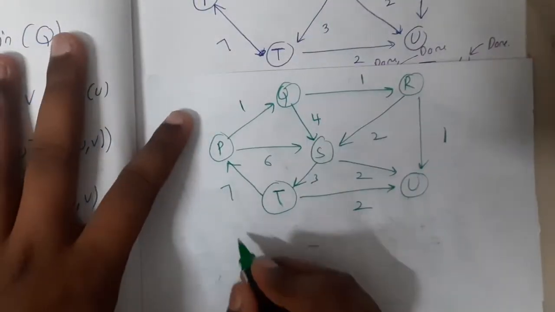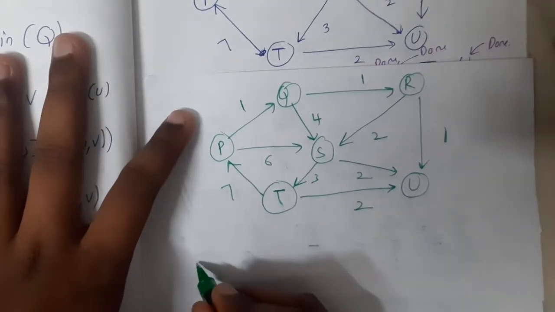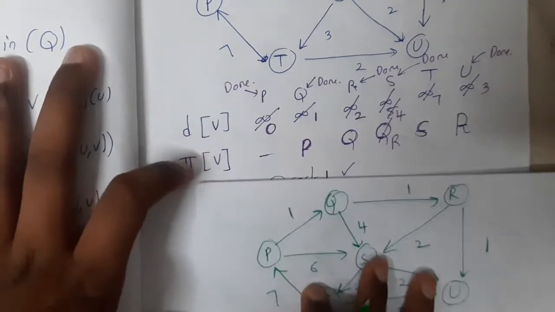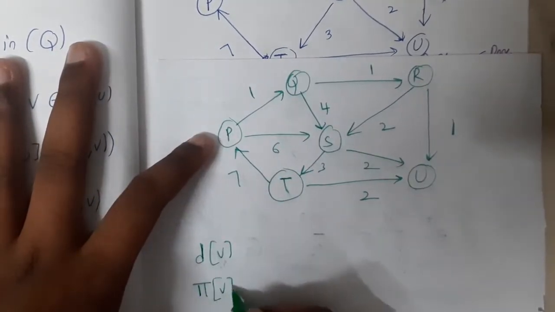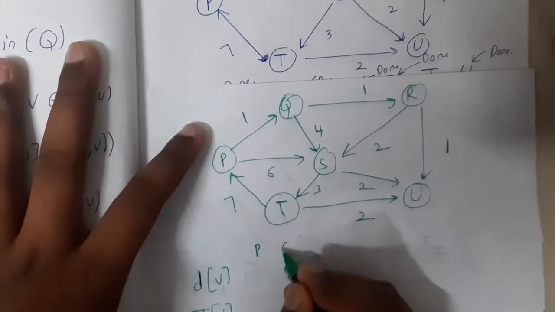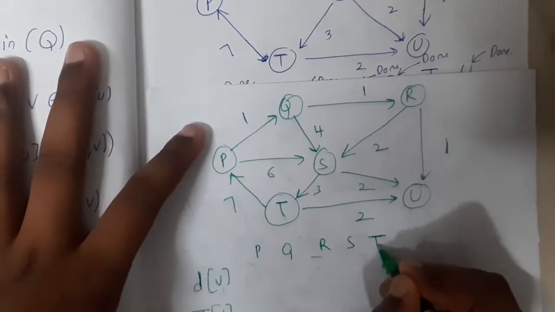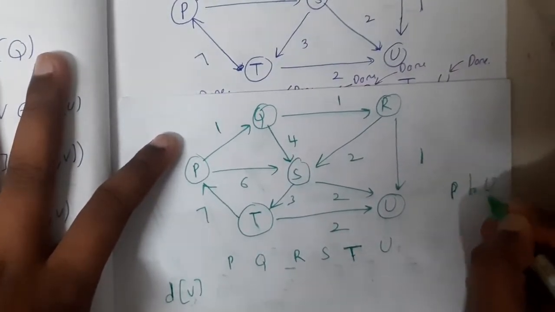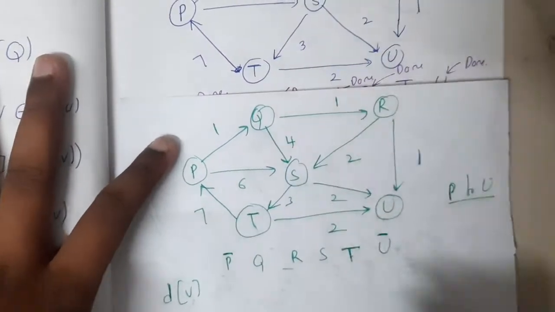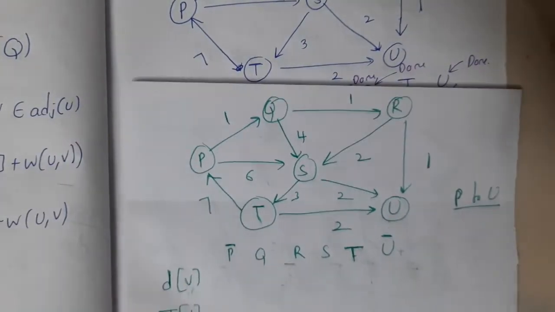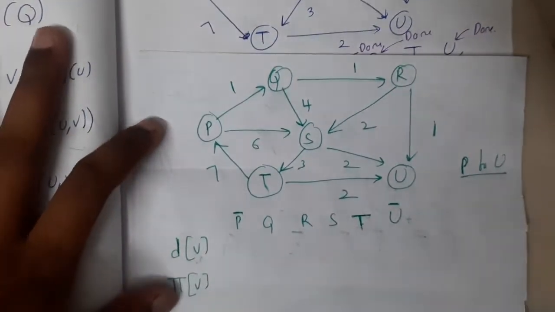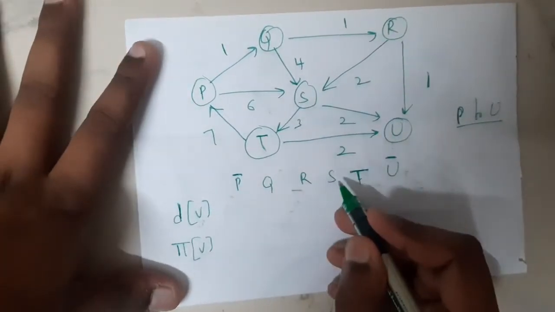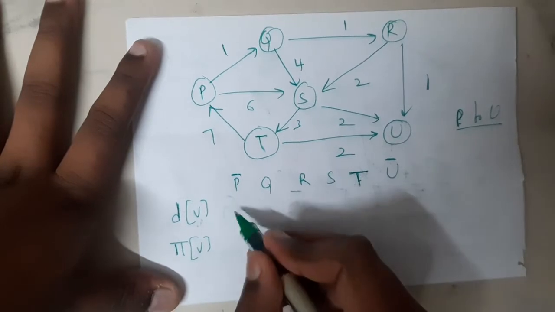Here also you will be maintaining a table. One is for distances, where we use d of v, and for parent we use pi of v. Now our vertices are P, Q, R, S, T, U. Here I am trying to find a path from P to U, so P is our starting vertex.